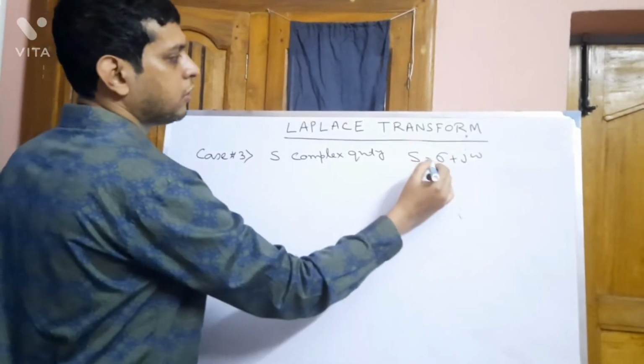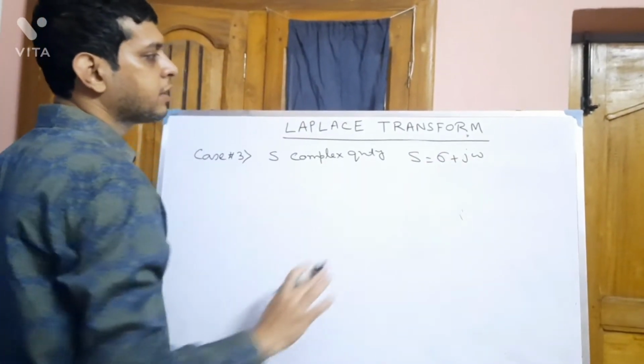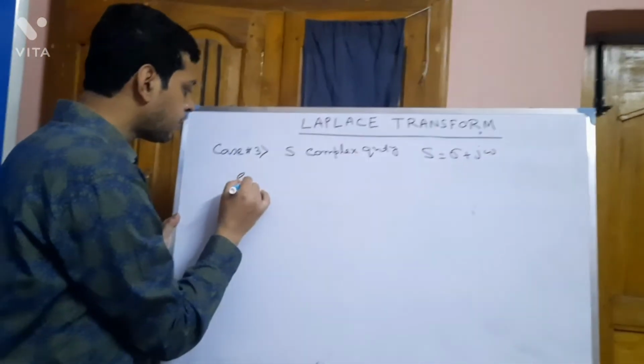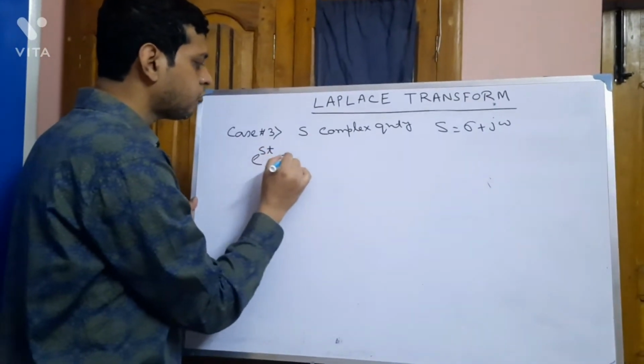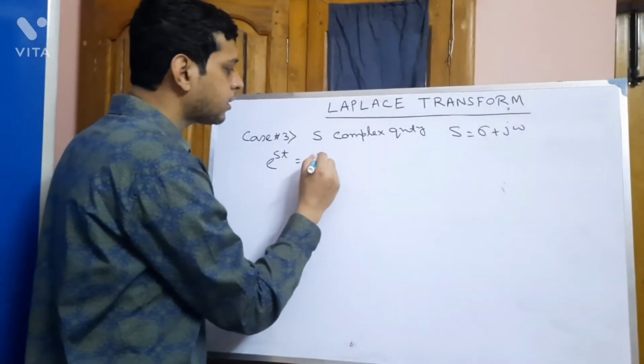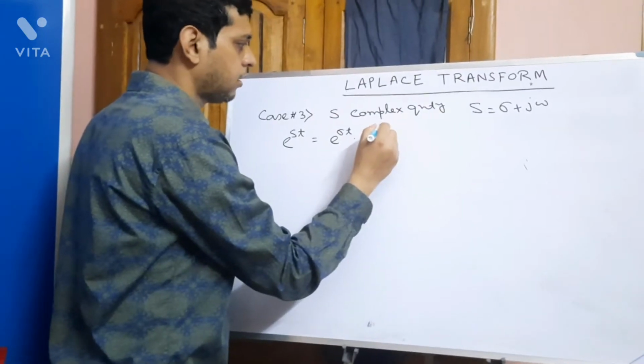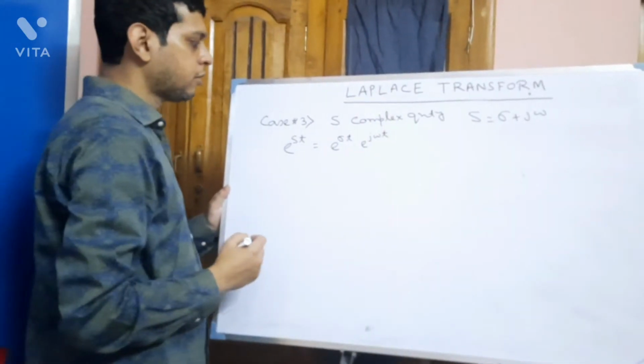Now sigma is not equal to 0 and j omega is not equal to 0. So e to the power st is equal to e to the power sigma t into e to the power j omega t.